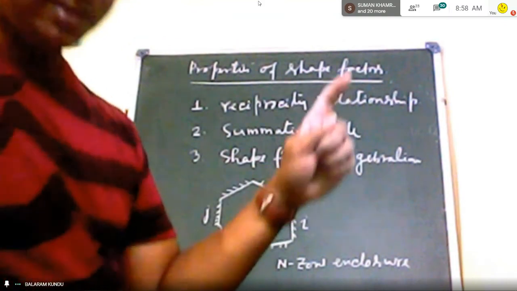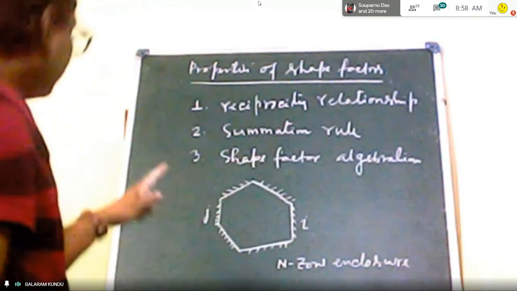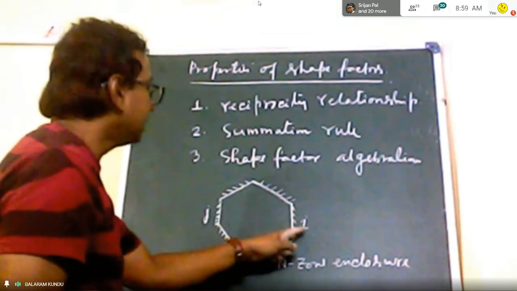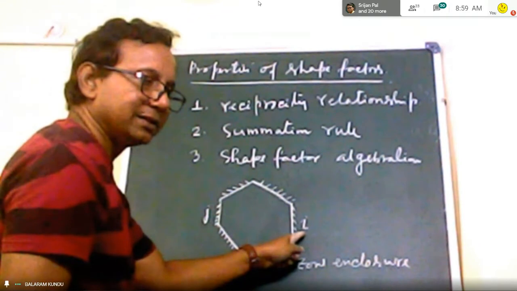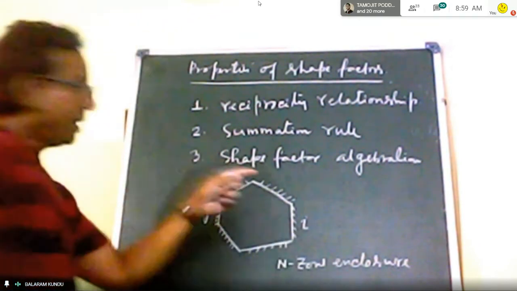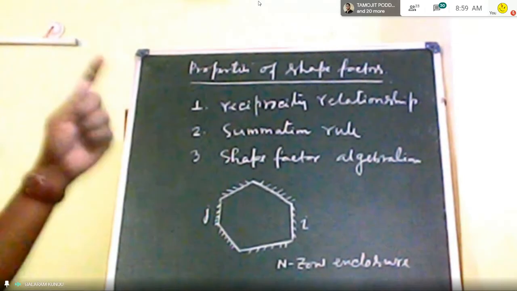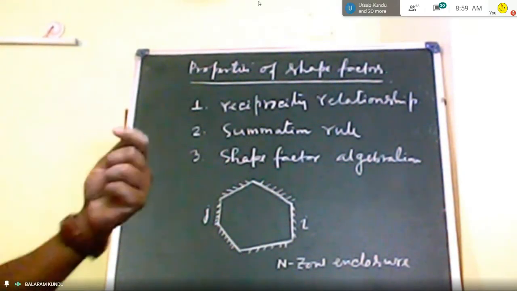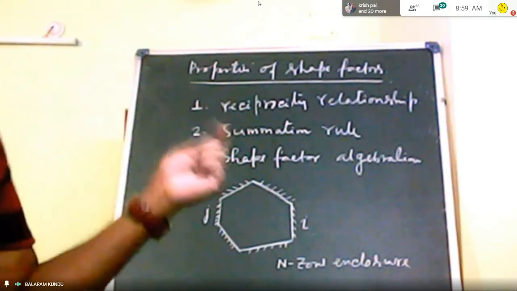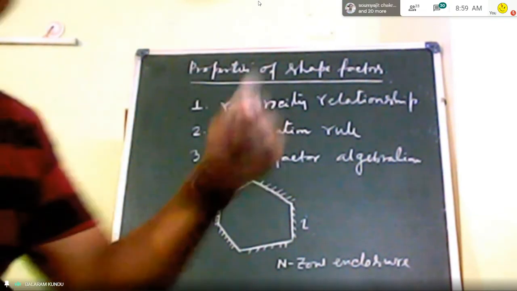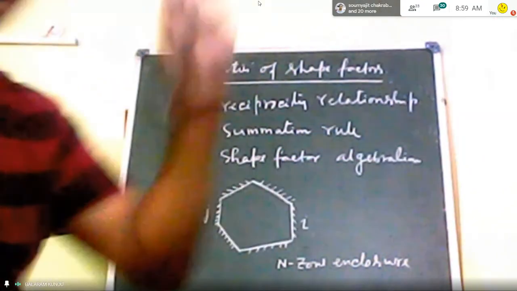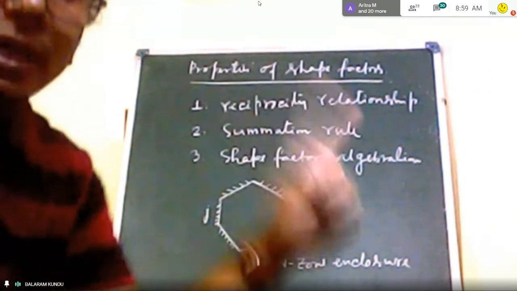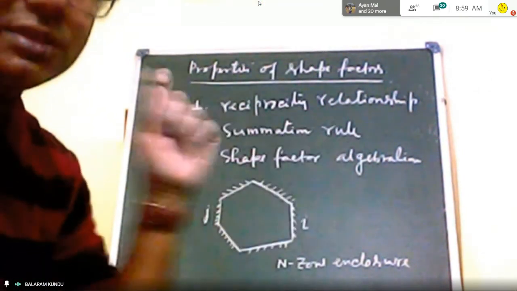Now concentrate on the I surface, the energy for that surface: the amount of radiation energy emitted from other surfaces that strikes the surface I. This mathematical expression is required to be determined.